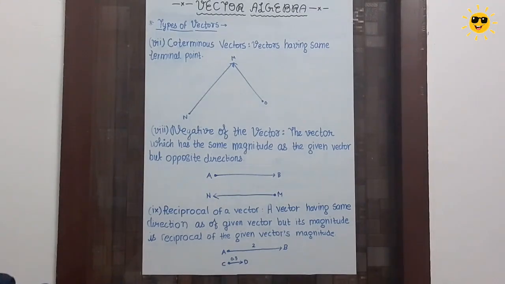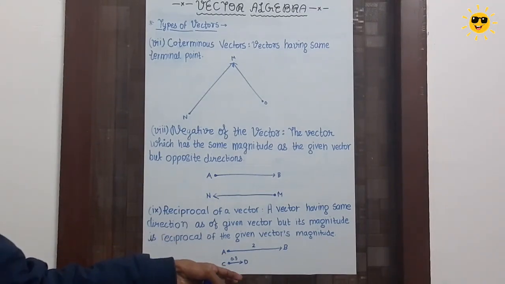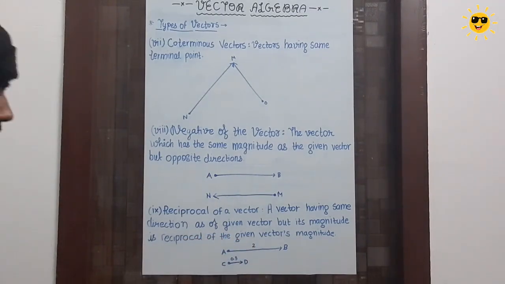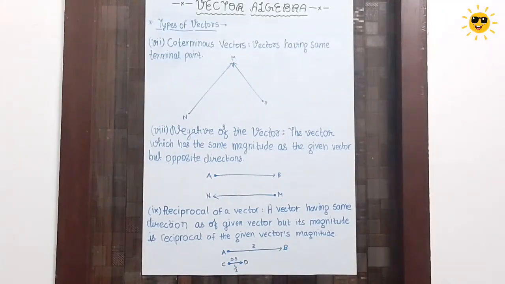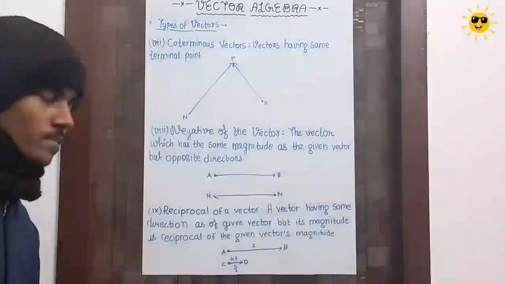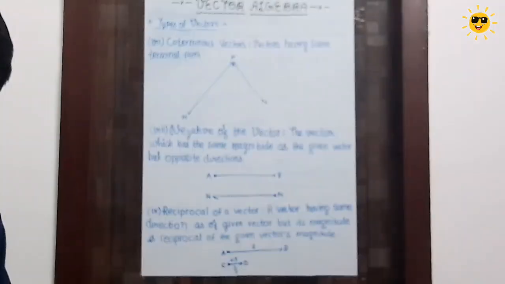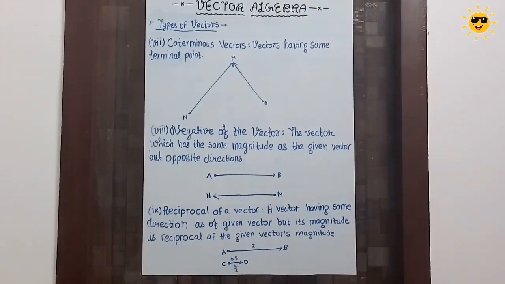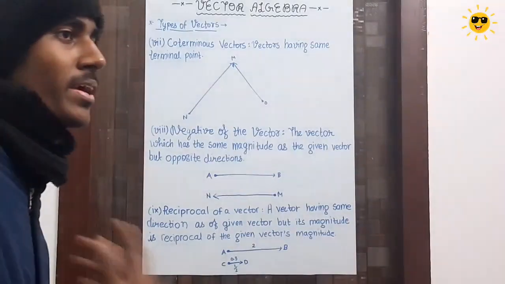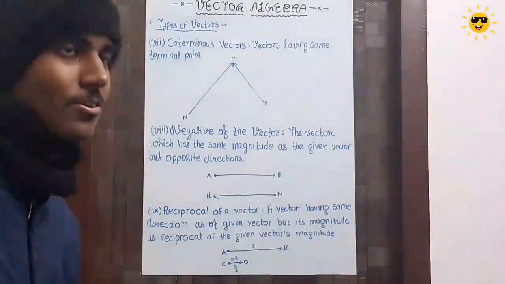Reciprocal of a vector does this: its magnitude becomes the reciprocal. Reciprocal means 1 by whatever magnitude is there. So this is what you call a reciprocal vector. This is simple maths, and with simple maths they made one more type of vector called the reciprocal vector.